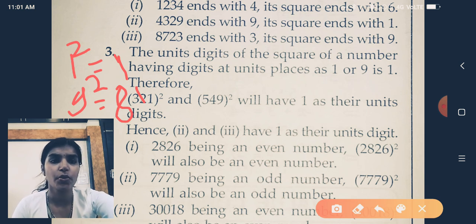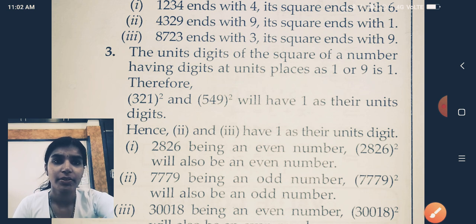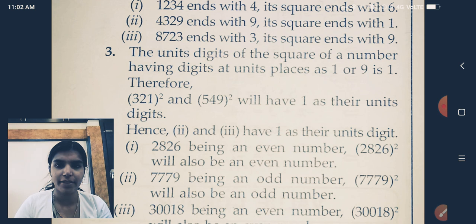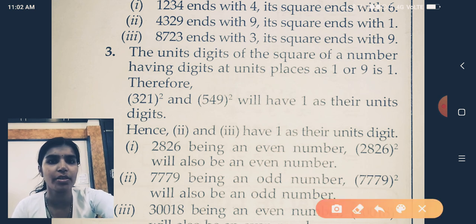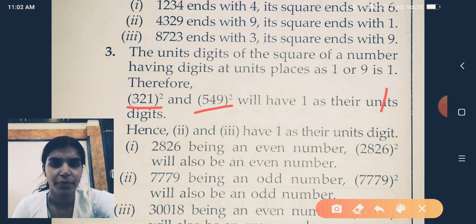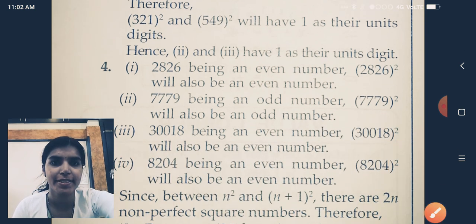So these two digits give squares ending with 1. So 37 is not. 321 and 559, only these two are the numbers whose square ends with the unit digit 1. Then we will see the fourth example.